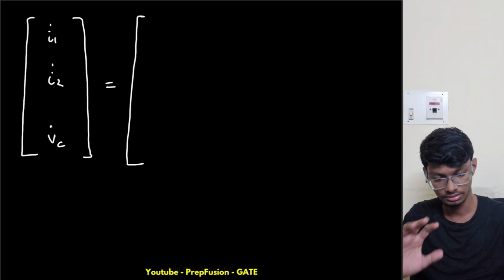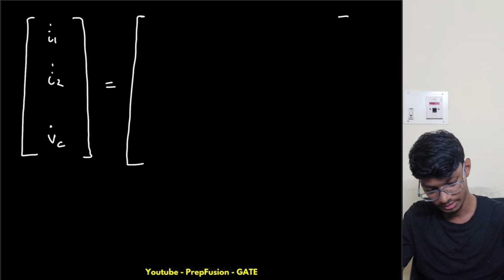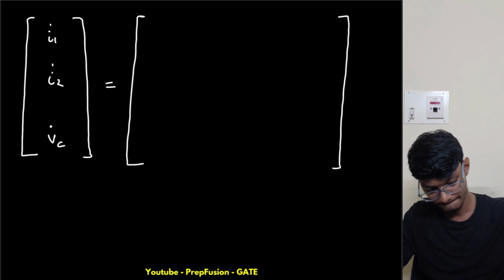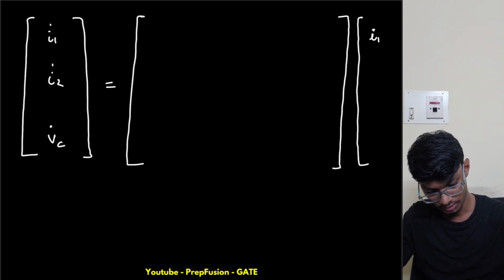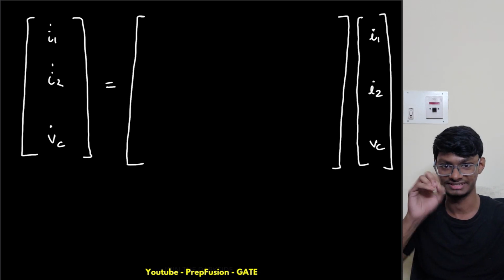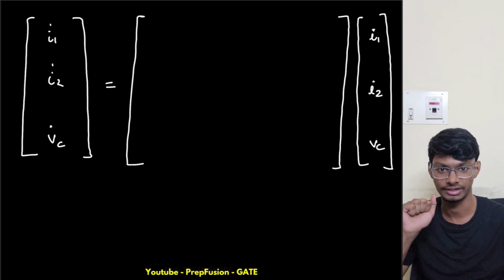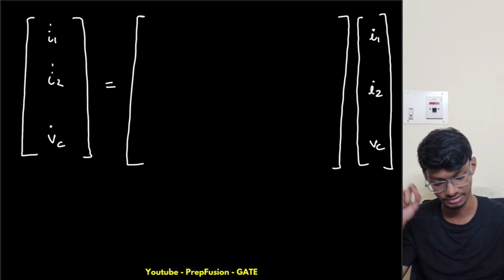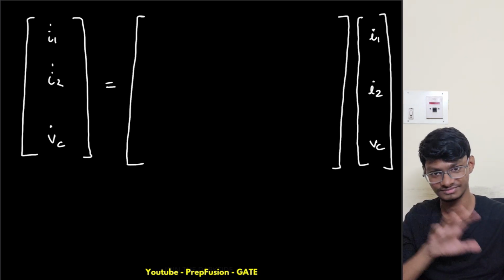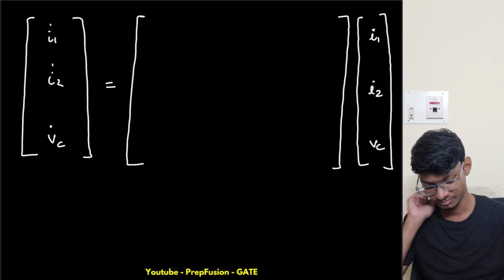I will write the U matrix later. This is I1, I2, and VC itself. All of them are functions of time. I'm repeating because a few students may get confused: why are you not writing bracket of t? Is it constant? No, they are functions of time. To save time, I'm not writing bracket of t.